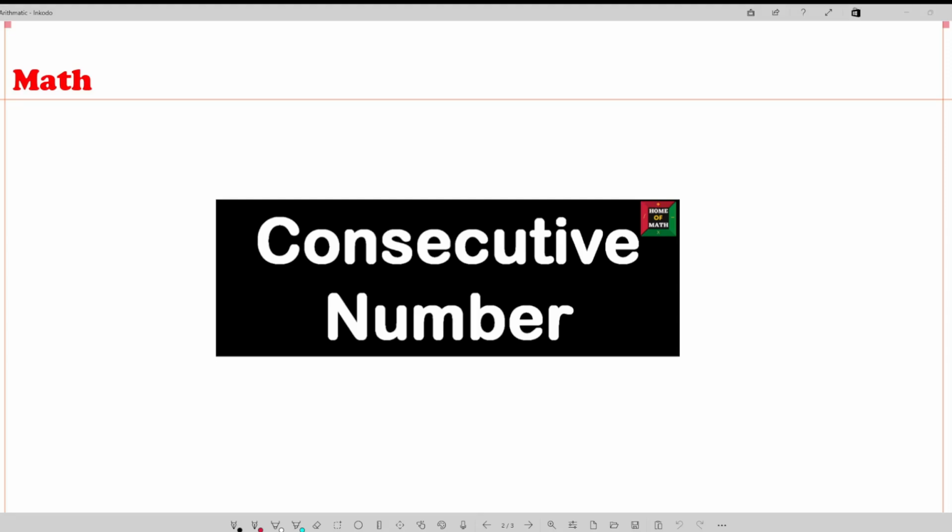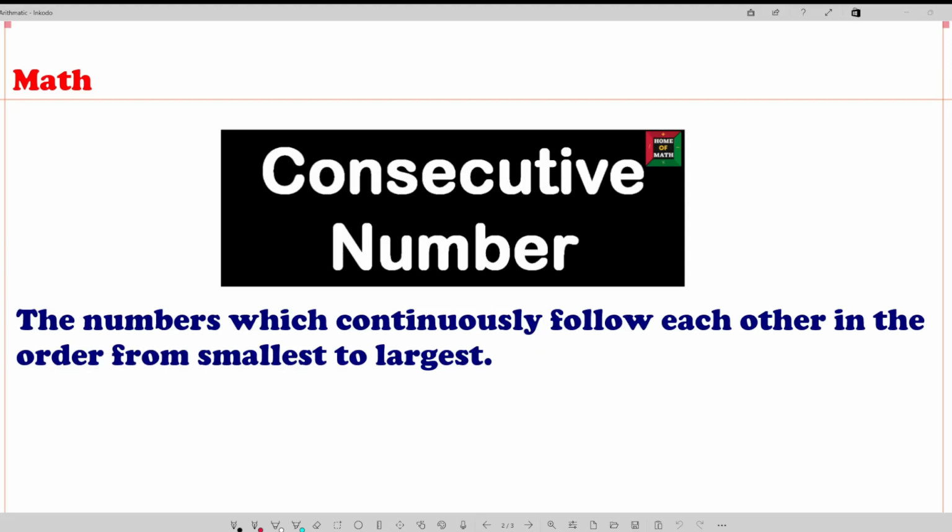Today's topic is consecutive numbers. How can we define consecutive numbers? They are numbers which continuously follow each other in order from smallest to largest. Like, if the first number is x, then the next number will be x plus 1, right? Then x plus 2, then x plus 3.